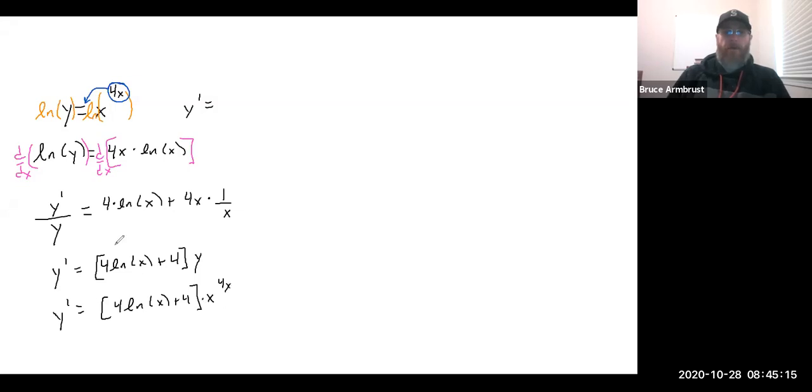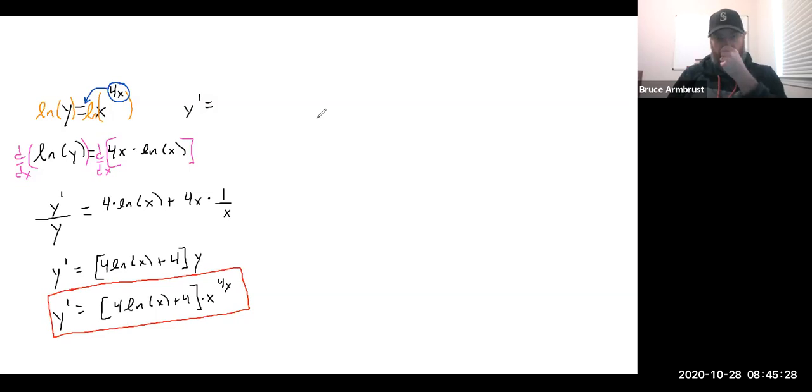And so that right there is the derivative of x to the 4x. All right, so logarithmic differentiation, it's kind of a nice little trick because it turns it into a form that we know how to deal with.